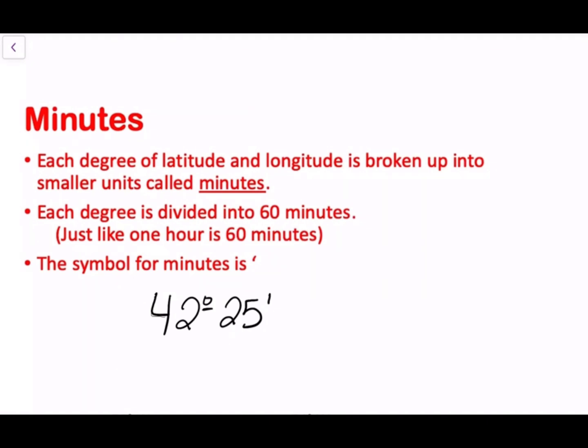Notice the symbol for minutes is an apostrophe, okay? The symbol for minutes is an apostrophe, and then we can still write our direction, of course. 42 degrees, 25 minutes, north.